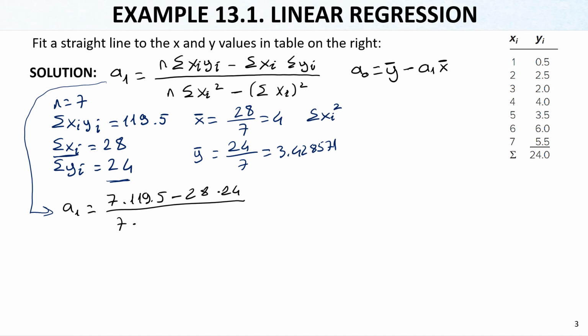We get the square of each data point, then sum them, which gives us 140. So here it is 140 minus total xi squared, so the total xi is 28 and the square of this. The result from here is 0.839287.